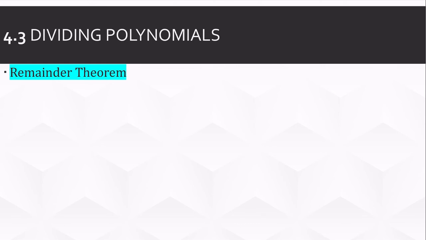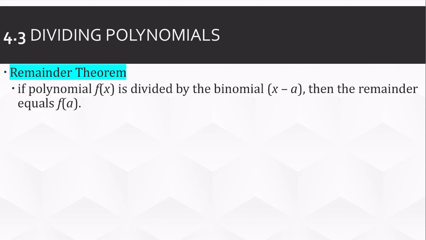And that last problem had no remainder, which brings us to the remainder theorem. If a polynomial is divided by the binomial x minus a, then the remainder equals f of a. Weird. So that means, let's think graphically.